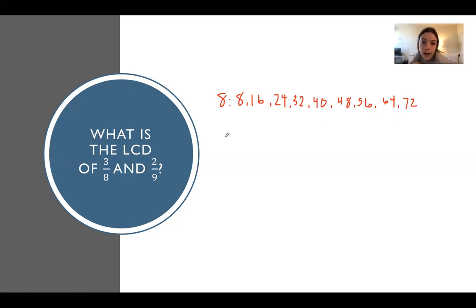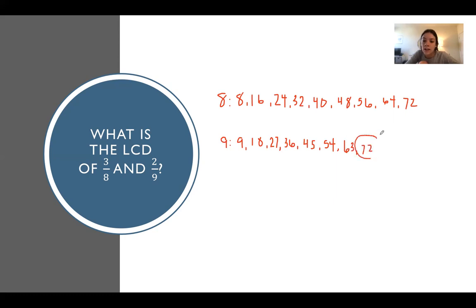And then for 9, let's see if we have any numbers smaller than 72 on here. 9 times 1 is 9, 9 times 2 is 18, 9 times 3 is 27, 9 times 4 is 36, 9 times 5 is 45, 9 times 6 is 54, 9 times 7 is 63, and then 9 times 8 is 72.